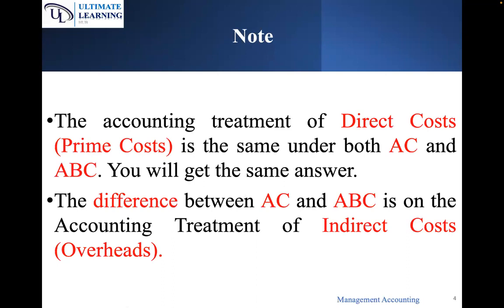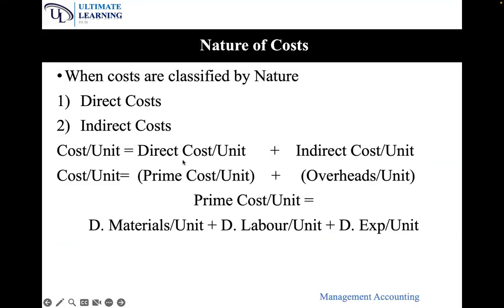Now take note of the accounting treatment. Remember, we have direct costs per unit and indirect costs per unit. The accounting treatment of direct costs per unit is the same under AC and ABC. I'm repeating: when you are in AC and ABC, you need to calculate the cost per unit, and you get the same answer regardless of which method you use when calculating direct costs.